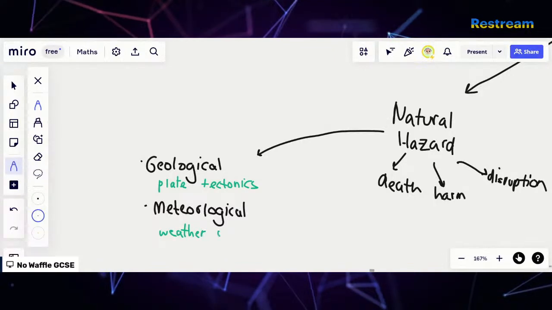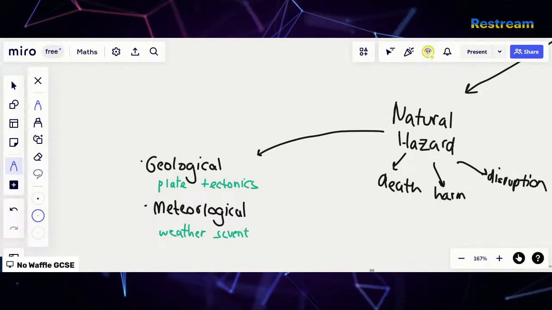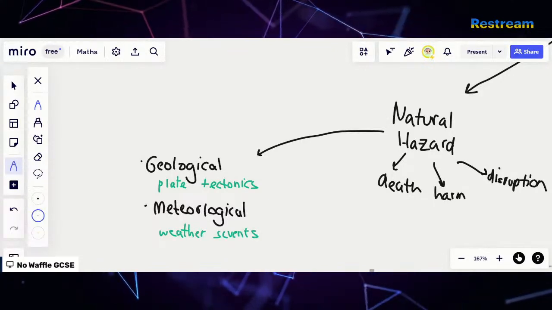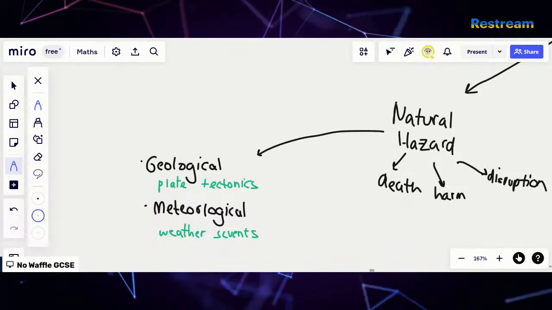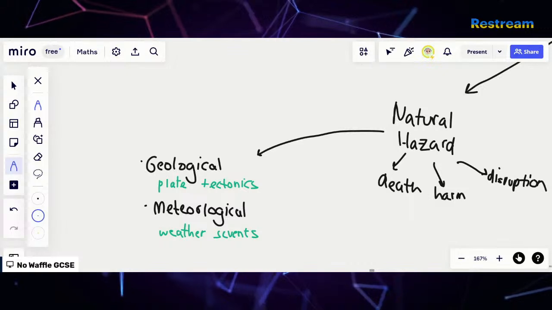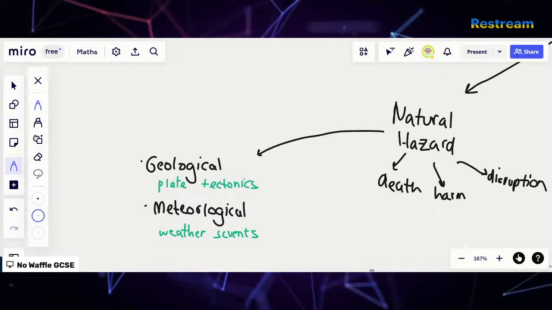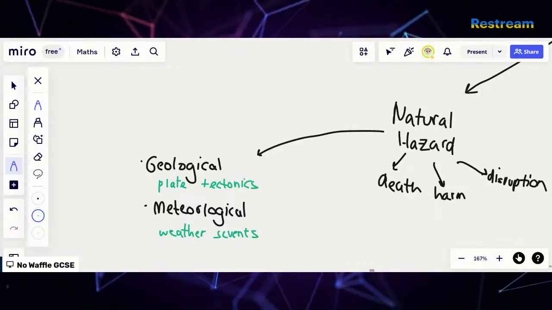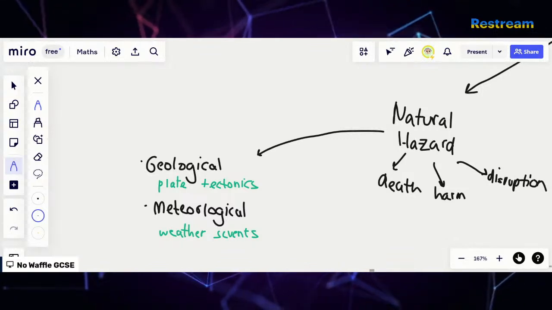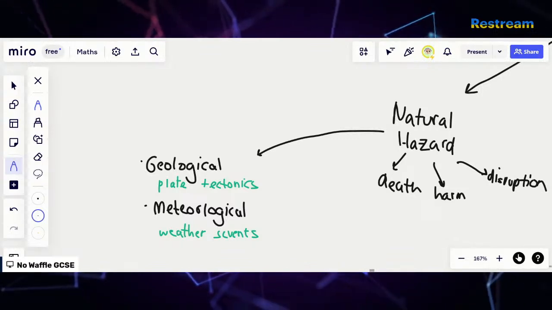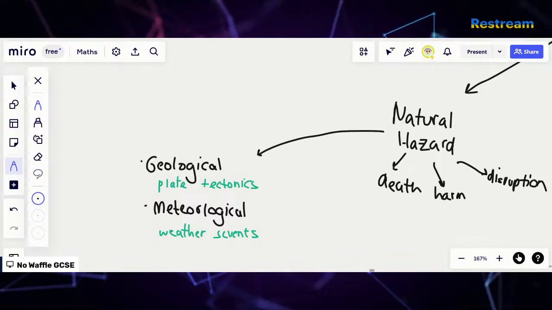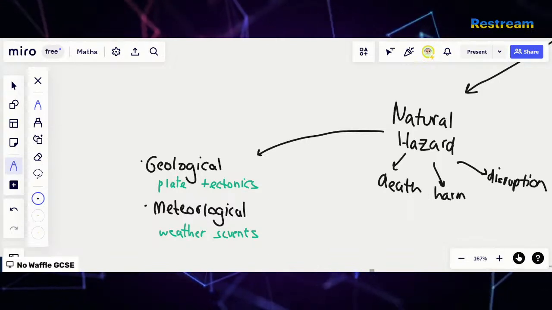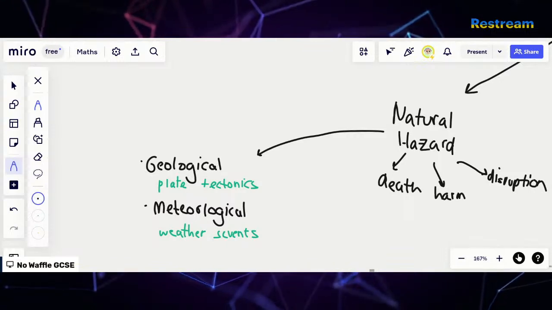So geological hazards include things like volcanoes, earthquakes, landslides, avalanches, and meteorological events include things like tropical storms, flooding, drought, all of those.